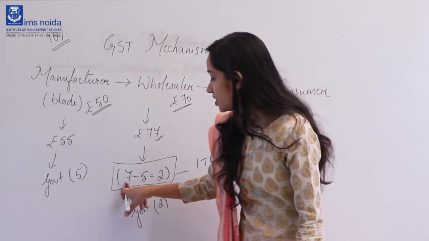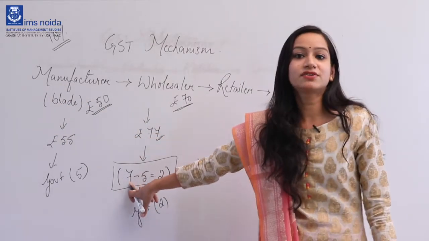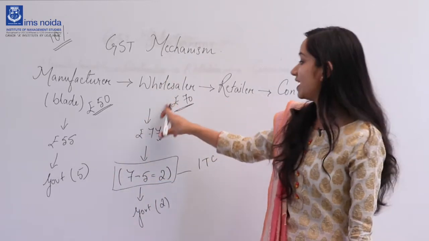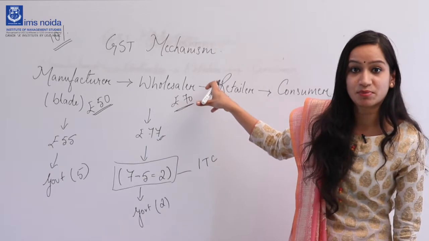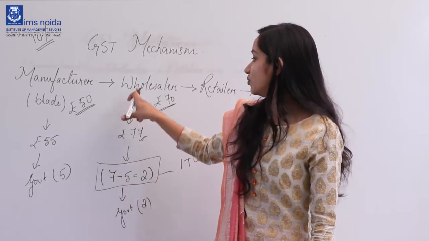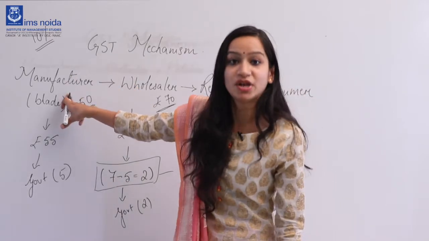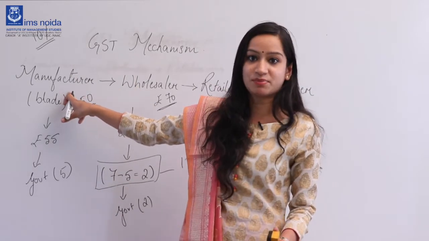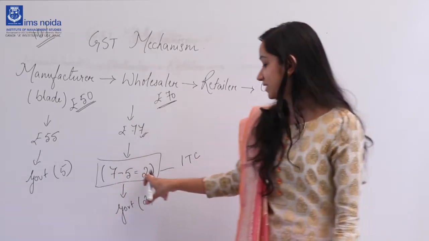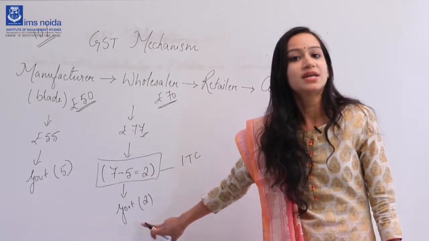Rupees 7 is known as output tax. Output tax means the tax which he has received while selling the product. Rupees 5 is the tax which the wholesaler has paid to the manufacturer while purchasing the product. So 7 minus 5, the remaining amount, will be given to the government.